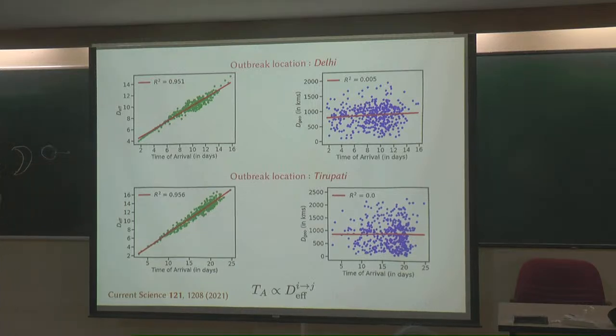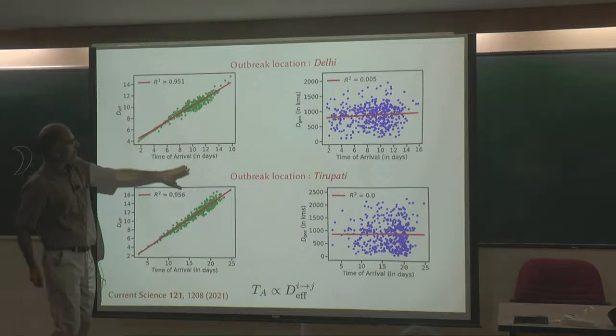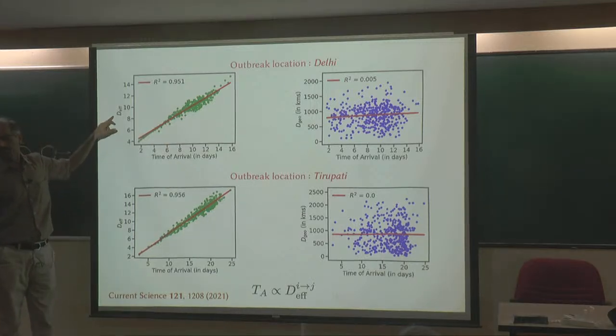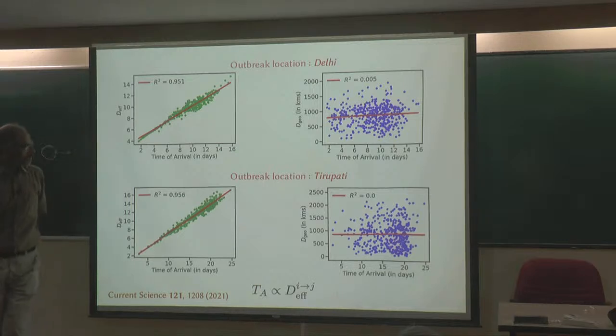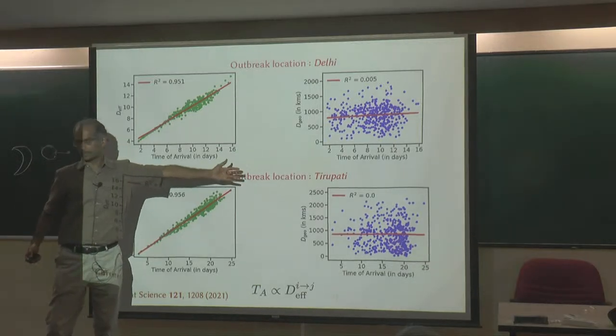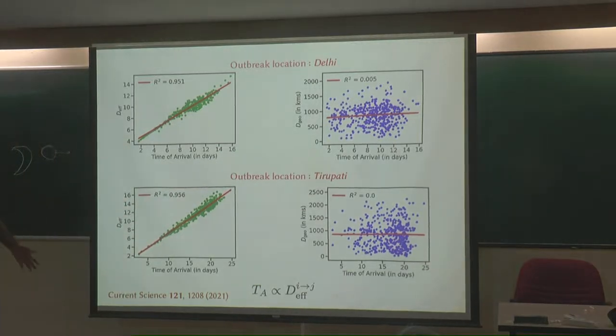But two places that may be very far apart, with too much traffic between them, are very close. That's the information this effective distance captures. So you see a very nice correlation between time of arrival and the effective distance. You can choose any city. This is a small town, Tirupati, not far from Chennai, and you get a similar sort of correlation.